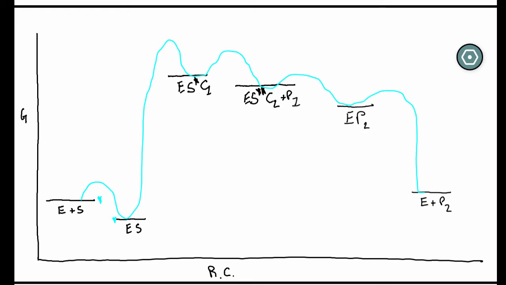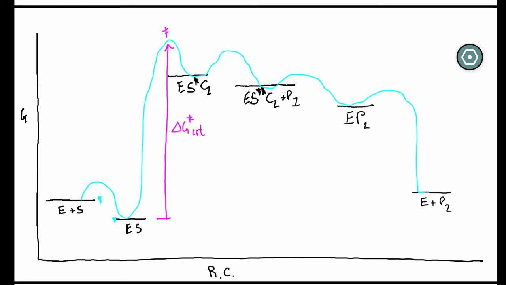Now, the instructions said that the first step after ES formation is the rate limiting step. So what we have here, we'll use a different color. What we'd have from here all the way up to here, that would be our transition state. And that arrow that I drew would be the activation energy, and I'm going to call that cat.